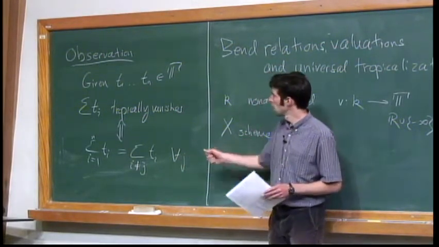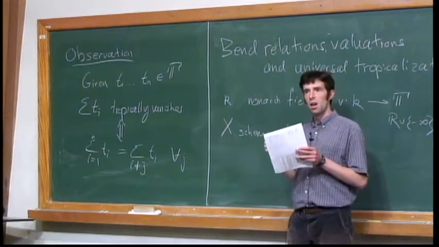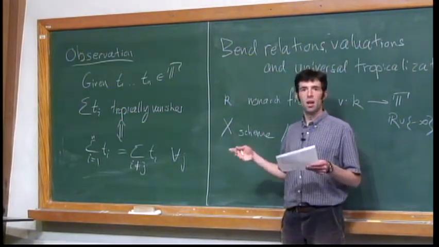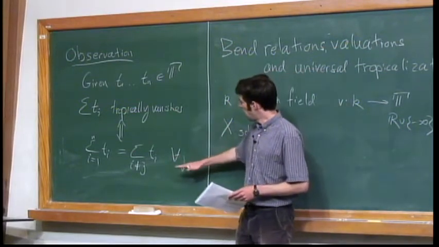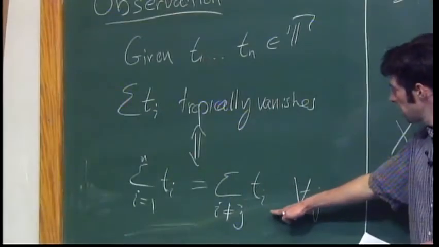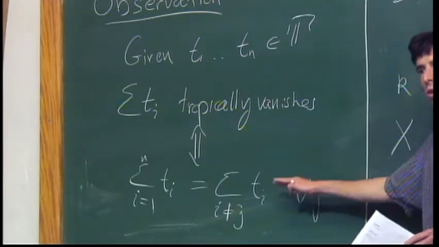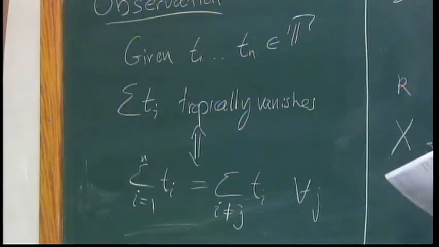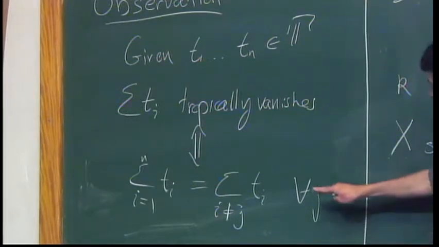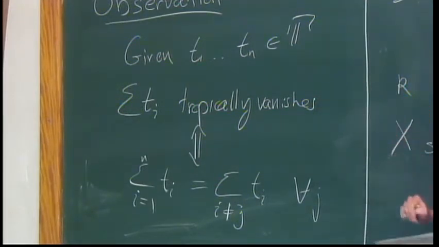This makes sense if these numbers Ti are in any old idempotent semiring, not necessarily a totally ordered one. So I think that this one is, in many senses, a more useful condition to use, and in particular when we try to describe tropical varieties as schemes. When we try to give the equations that define them, this is what we use rather than the tropical vanishing condition. So let me explain how that works.